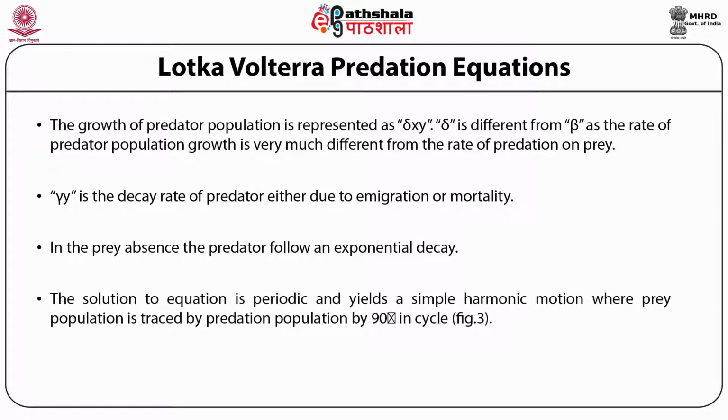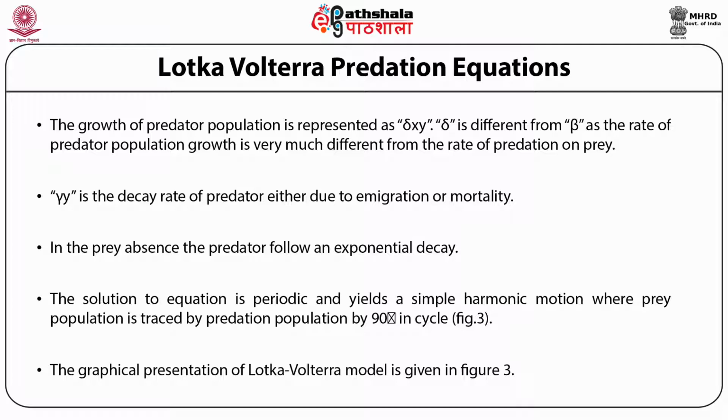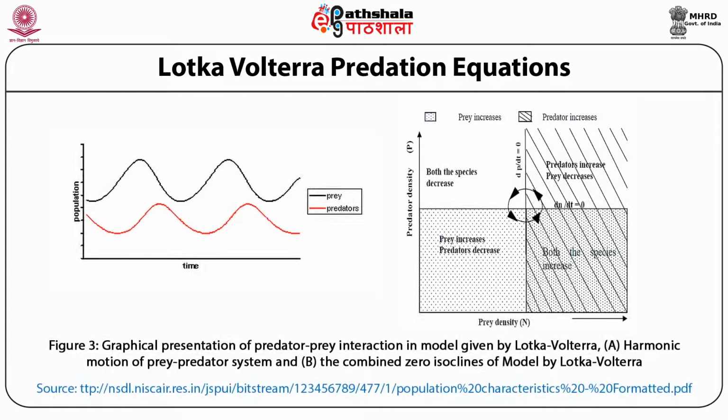The solution to the equation is periodic and yields a simple harmonic motion where the prey population is traced by the predator population by 90° in cycle. We can see this in figure number 3. The graphical presentation of the Lotka-Volterra model is given in figure number 3. This figure represents graphical presentation of predator-prey interaction in the model given by Lotka-Volterra.